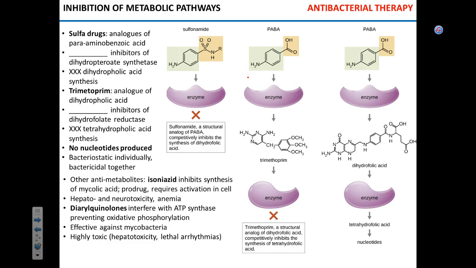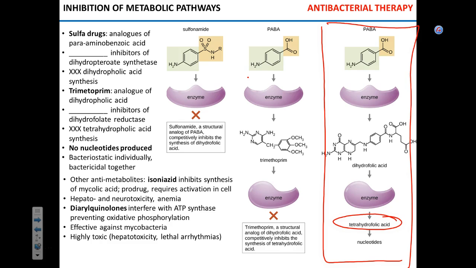Sulfa drugs. That is a pretty interesting example of enzyme inhibitors. One of the key pathways in bacterial cells is the synthesis of tetrahydrofolic acid. Look on the right, so that pathway. It starts with a molecule called para-aminobenzoic acid, or PABA, which binds to the enzyme called dihydropteroate synthetase.